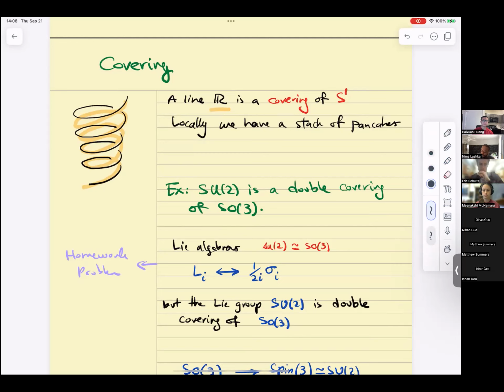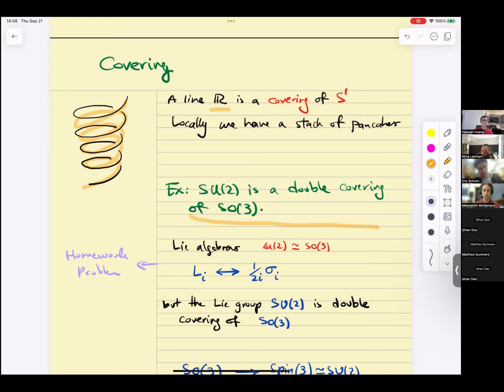Now, the point is that SU(2) is the double cover of SO(3). You do SO(3), come back, you do 360-degree rotations or something, come back, you do it again, and now you identify the final point with the initial point, you get SU(2). It's a double cover. You're going to work that out in a homework. But it's a double cover, but locally, the Lie algebras are the same.